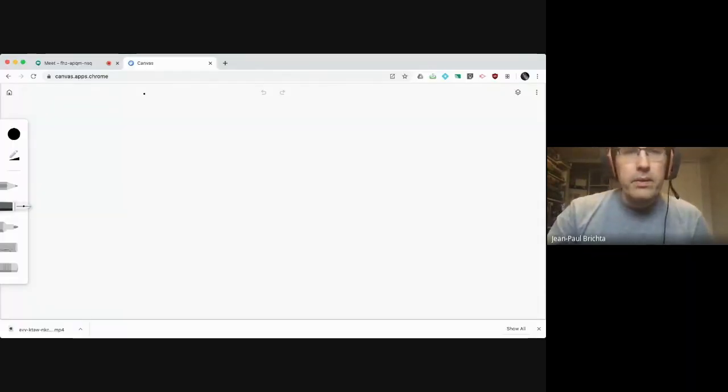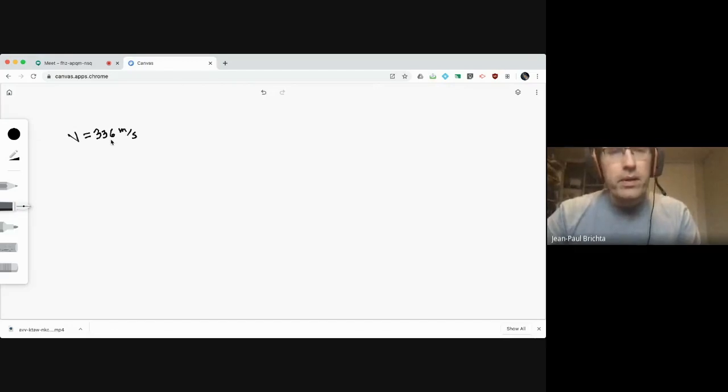All right, so the first thing we're going to do is write down our numbers. The speed of sound is 336 meters per second. And the flute was 30.0 centimeters long, so I'm just going to convert that to meters straight away.